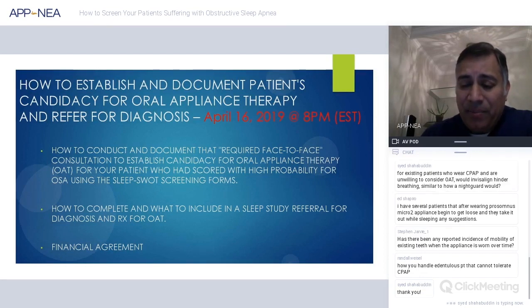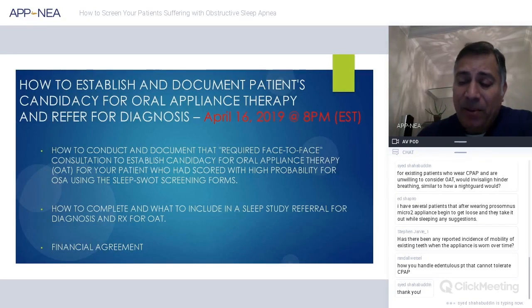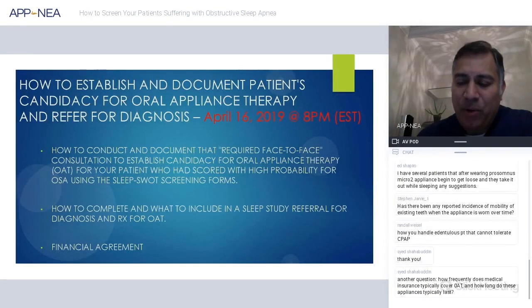So if they become loose or they start to not fit as intimately, then perhaps a new appliance is indicated. And the thinner the appliance, the greater the risk of premature wear-related instances.